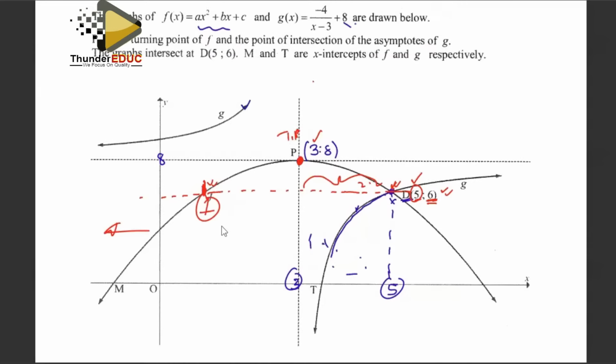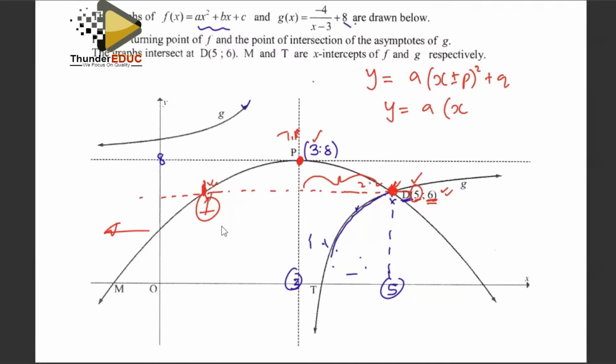Then we have another point D, which can help us to determine the a value. Now we're going to use the turning point method for the parabola, meaning that our y should be the same as a into x plus or minus p squared, and then plus q, something of the sort.